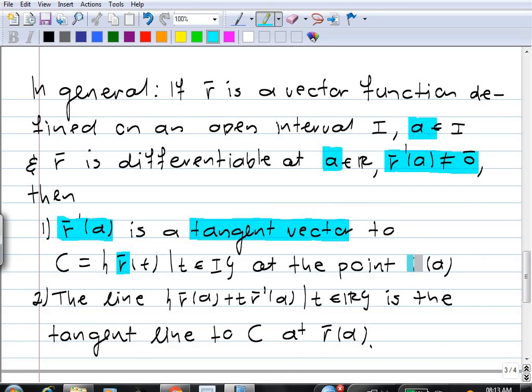And it's the tangent vector at the point r at a, right? And the line consisting of all points of the form r of a plus t r prime at a, we call the tangent line to C at this point r at a.